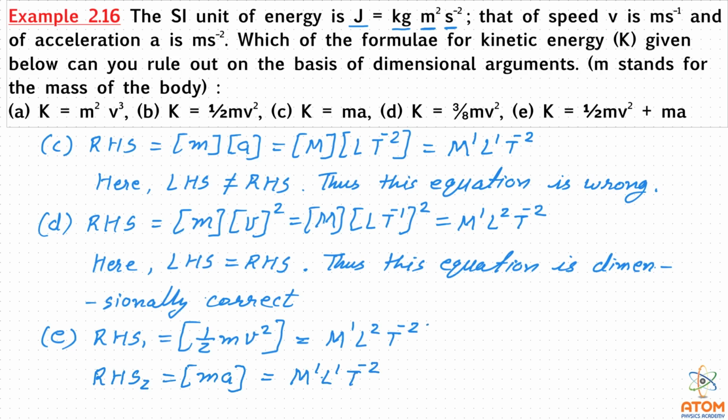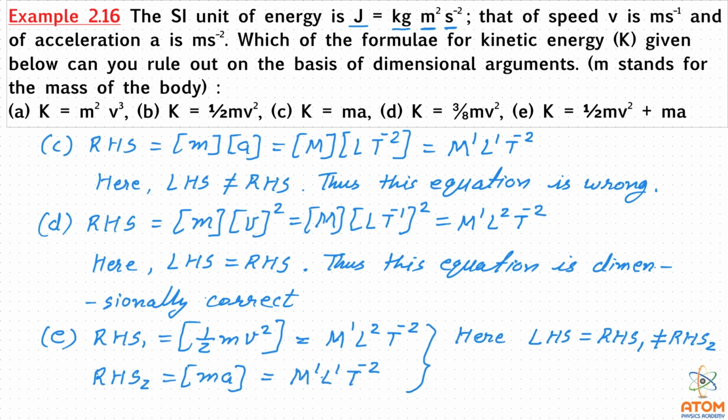Now here you can see that both of these dimension formulas are not same. Thus here I can write left hand side is equal to right hand side 1 but not equal to right hand side 2.